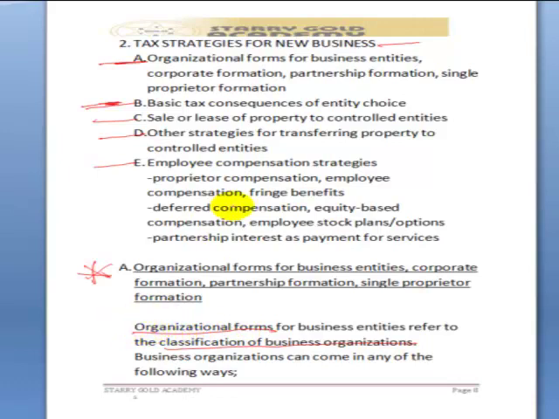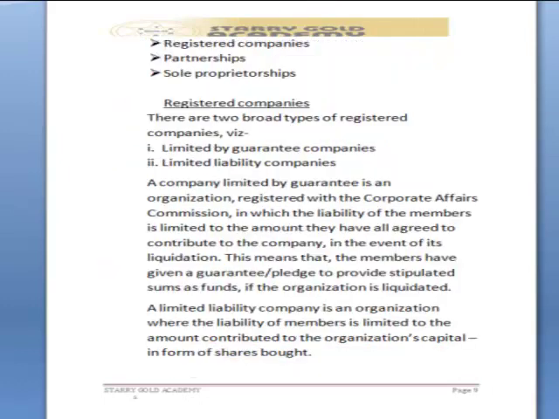Business organizations can come in any of the following ways. 1. Registered companies. 2. Partnerships. 3. Sole proprietorships. Let's now consider the three forms of businesses, one after the other.